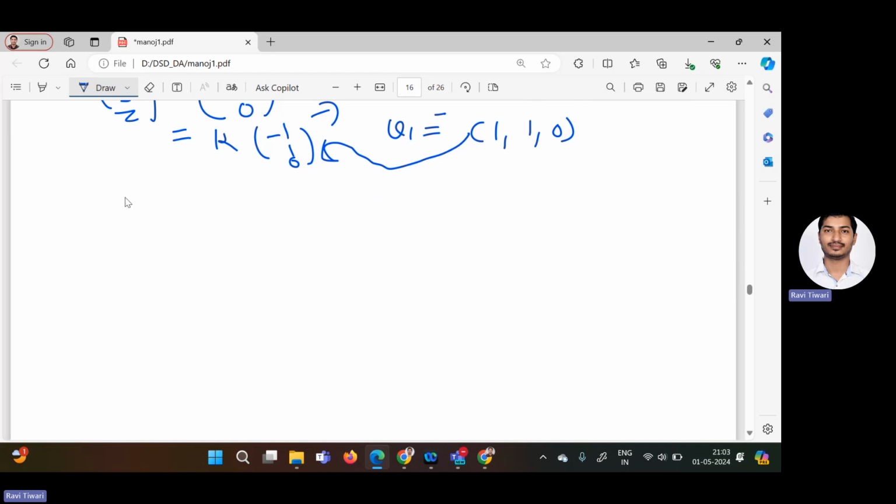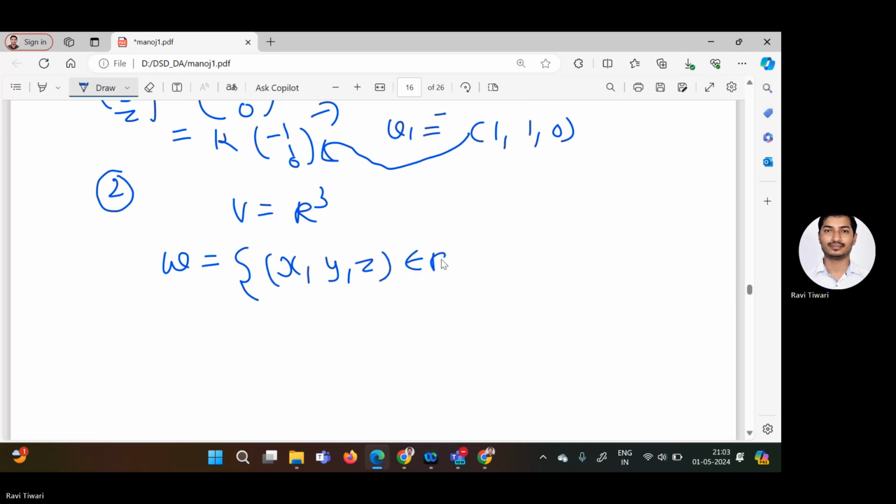Next example, last example. Suppose V equal to R cube, and W is a subspace of V such that X, Y, Z, which belongs to R cube, satisfies X equal to Y equal to Z and X minus Y plus Z equal to 0.